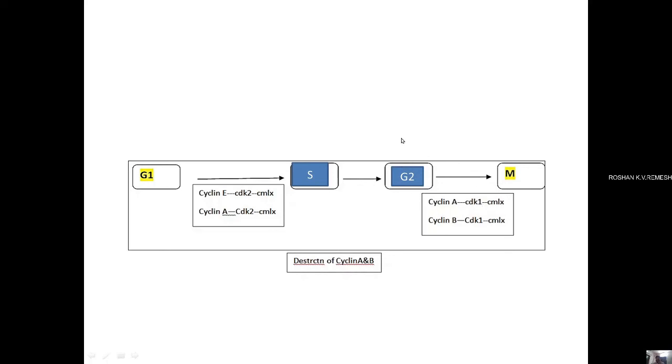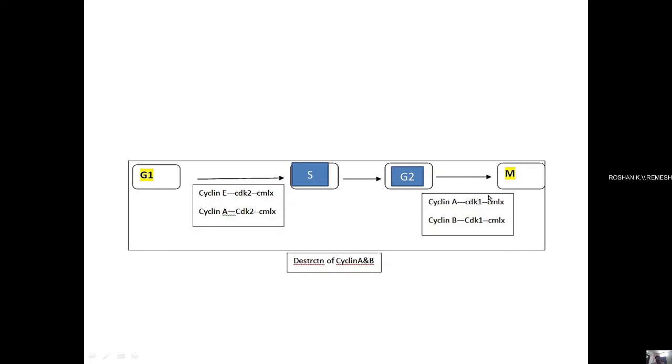That means once all the metabolism and processes to occur in G2 are over, only then do these cyclins A, B and CDK1 get activated, causing the cell cycle to be driven from G2 to M phase. These cyclins and CDK1 are activated only at the end of the G2 phase.